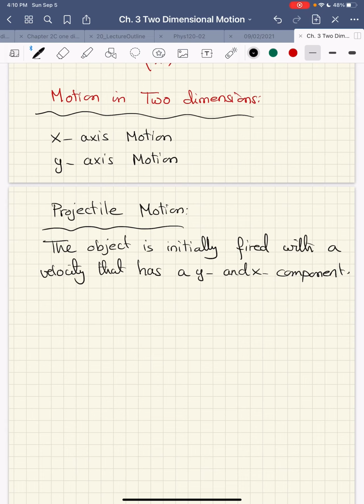Or sometimes we're going to see that the y component is not going to be there, but mostly this is the most general one. And this is going to be the trajectory of the object.